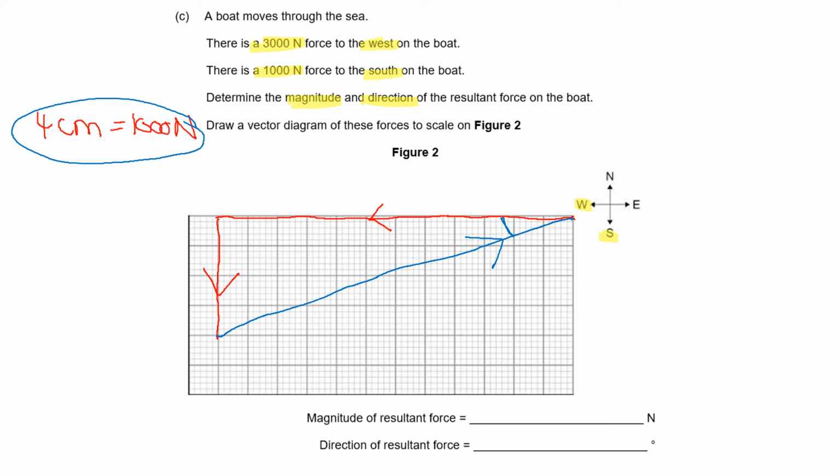Now, if we measure this in reality, we end up with about 12.1 to 12.2 centimetres. When I convert that, I end up with a resultant force of somewhere between 3,100 to 3,200 newtons. Then the direction, it doesn't matter which angle you use as long as you draw on here which angle you've done and then state down here what it is.